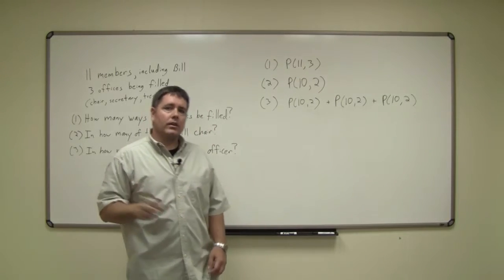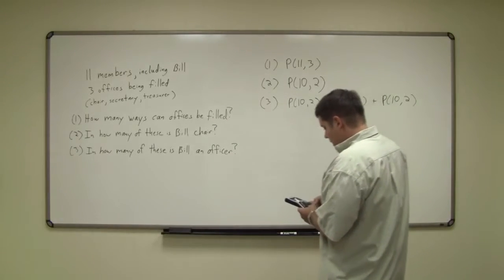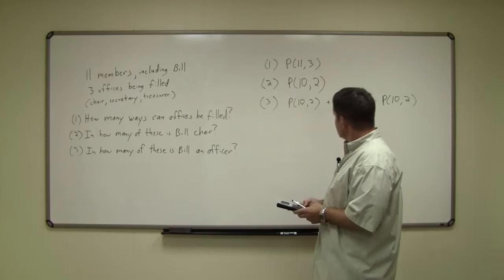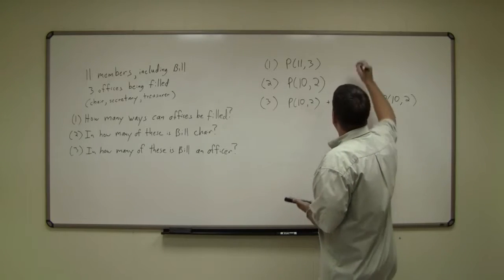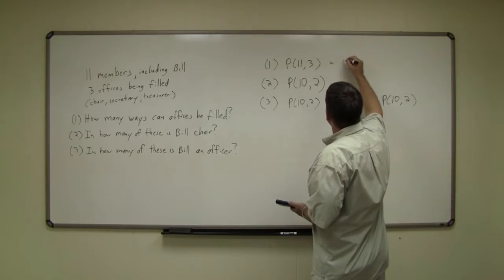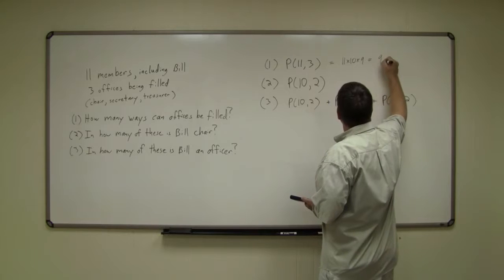Okay, I'm going to grab my calculator here. All right, so permutation 11, choose 3, and we get 990. That's 11 times 10 times 9.